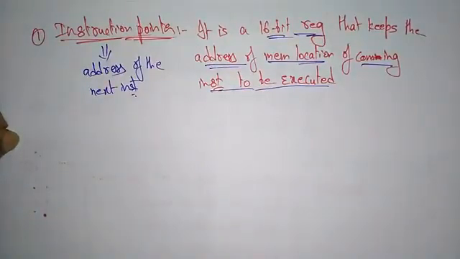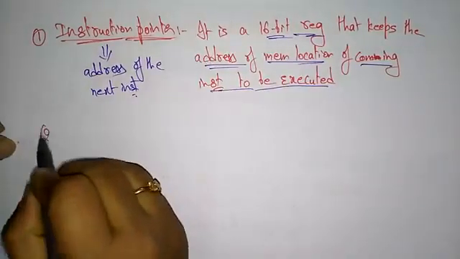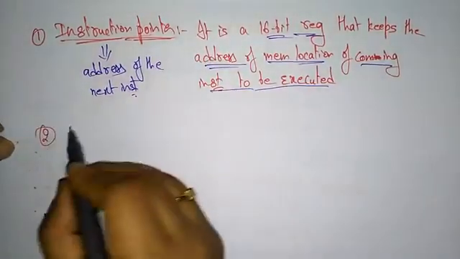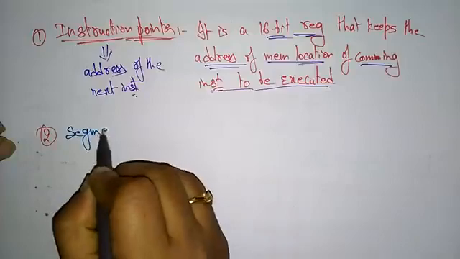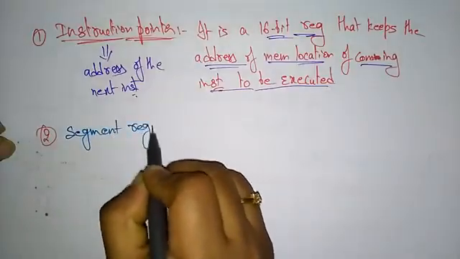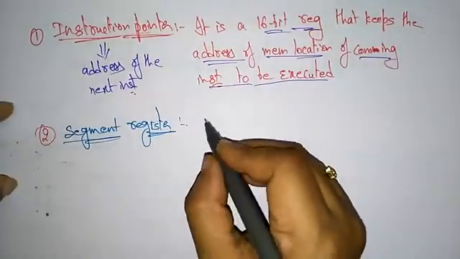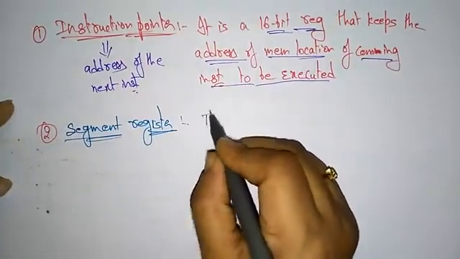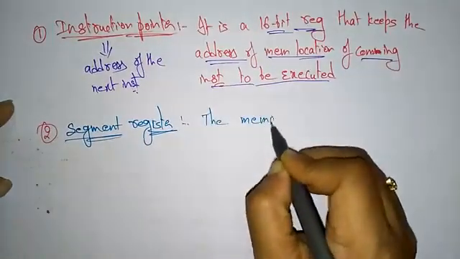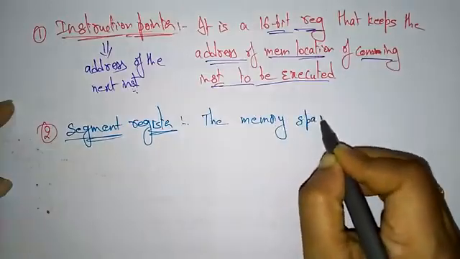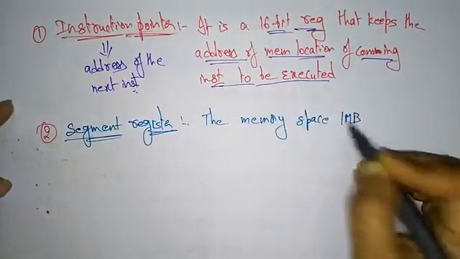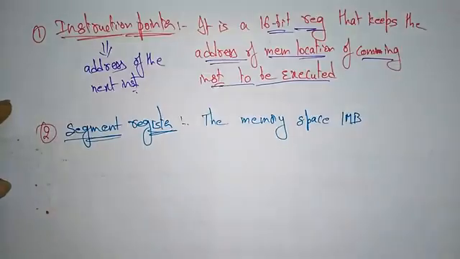Next is the segment register. So the second one is the segment registers that are present in the bus interface unit. What is the role of the segment register? Here the memory space is 1 megabyte. I already said in the features that the 8086 has an addressing capacity of 1 megabyte.